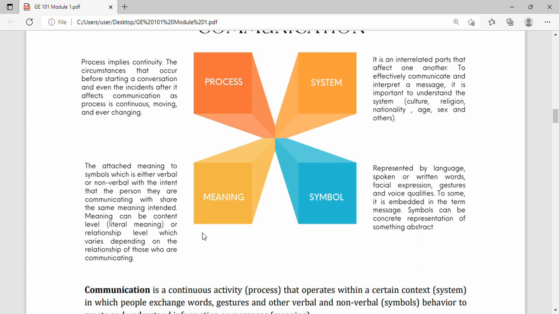In most cases, di ba, whatever we say is being taken as is. So, kung ano man yung sabihin mo, ayun yung magiging pagkakaintindi ko. But in some cases, mayroong meaning.